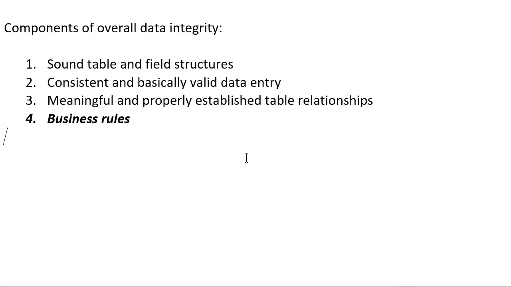So when we think about making sure that all the data is correct and we're going to use that to make those decisions, we need to be thinking about the overall data integrity. So one thing we need to make sure of is that we have sound table and field structures. We've defined what we mean by a table: a person, place, thing, or an event.